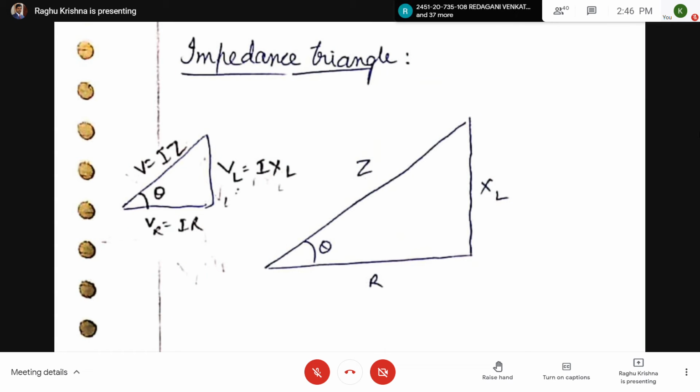If you add these two, then you are going to get Z. Adding R and XL is similar to vector addition. Here, actually we are adding VR and VL to get V. From this phasor diagram for the voltages, if you remove I, then you are going to get the impedance triangle.